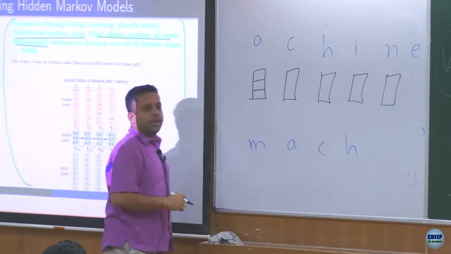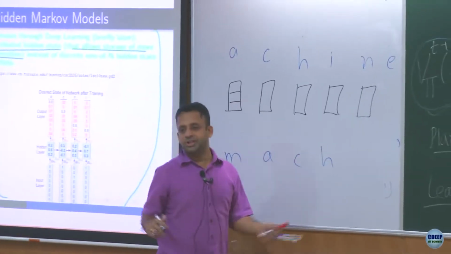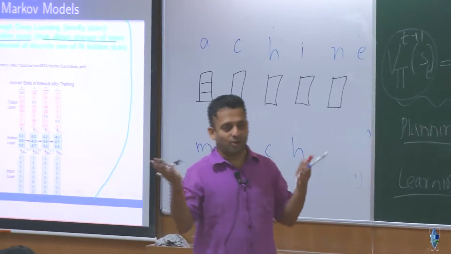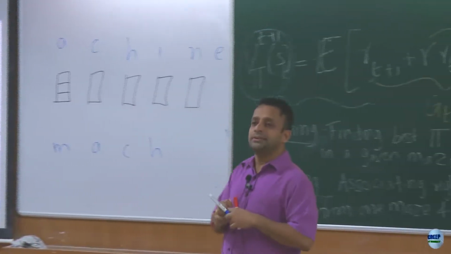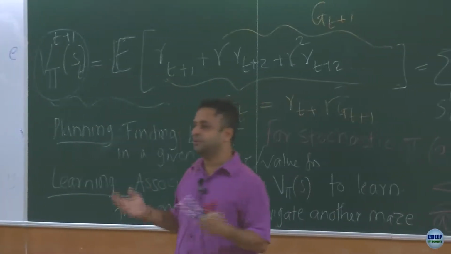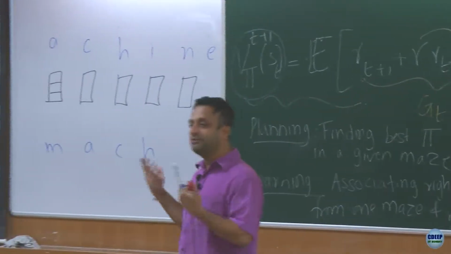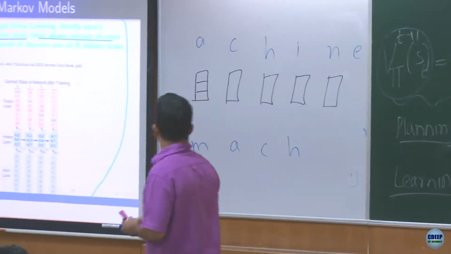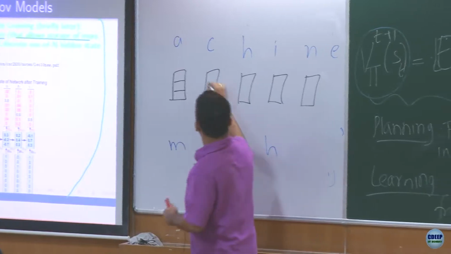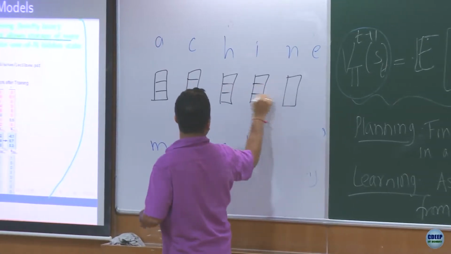So this could be domain; instead of machine, it could have been macho, or Mako, I don't know how you pronounce it. If you are watching lots of Hollywood, you want a different kind of autocompletion to happen. So each of these hidden states depends on maybe the domain that you are talking about.